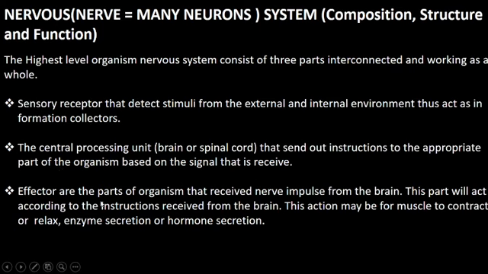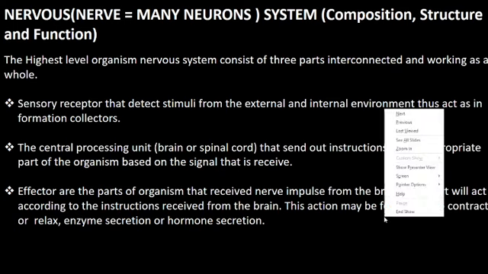The last one is the effector, the parts of the organism that receive nerve impulses from the brain. These parts act according to the instructions received from the brain. These actions may be muscle contraction, relaxation, enzyme secretion, or hormone secretion. You can now see that every signal received may end in triggering some particular process, and which process is triggered depends on the type of signal received.